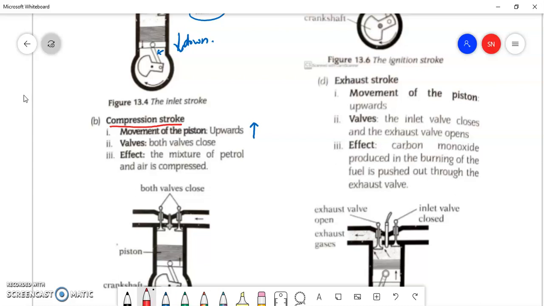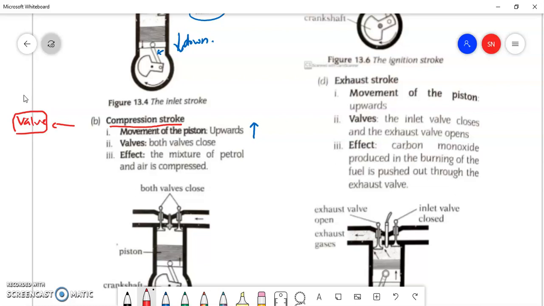For the valve, valve is very important. In this case, because it's compression, we don't want any air to go in or go out. We don't want any petrol to enter or exit. What we want is whatever mixture of petrol and air is in the piston to be compressed.